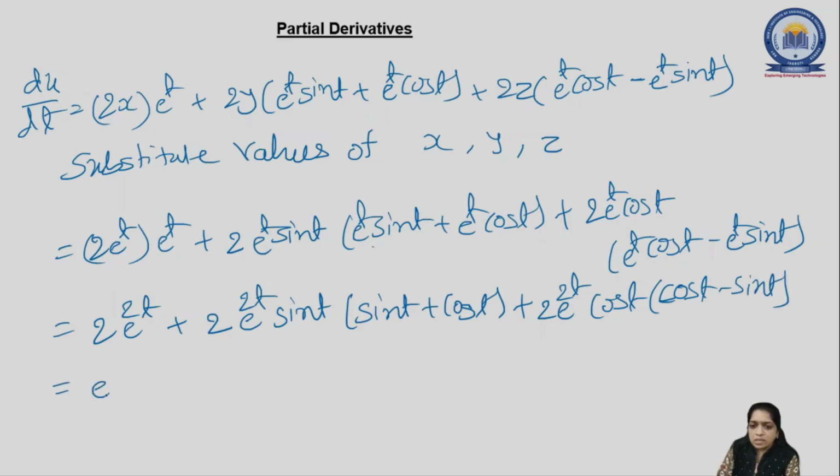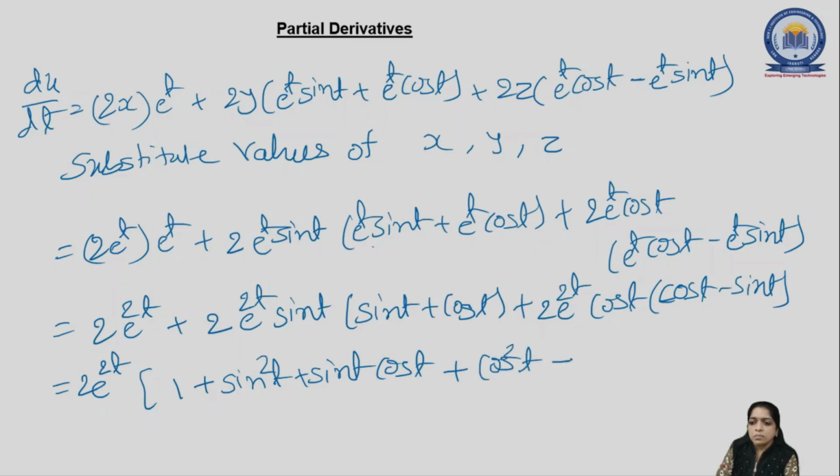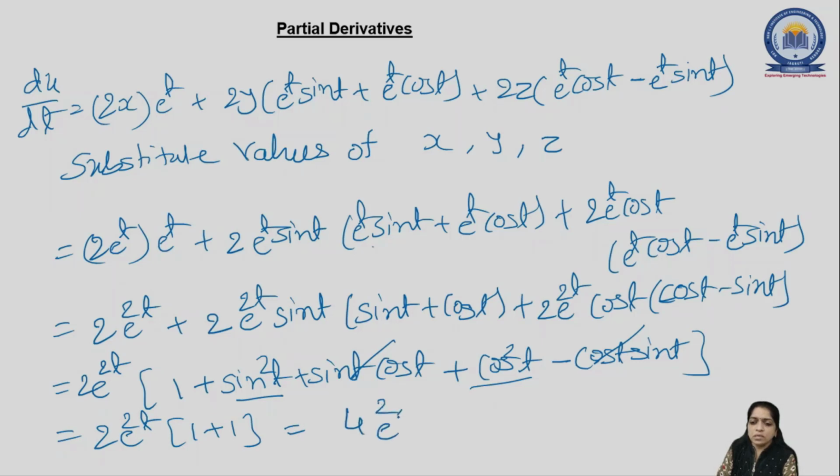So if I take 2 e raised to 2t common, the remaining term is 1 plus, after splitting the brackets, sin square t plus sin t cos t plus cos square t minus cos t sin t. As this term is plus and this one is minus, both will be cancelled out, and sin square t plus cos square t is always 1, so 1 plus 1 is 2. So 2 e raised to 2t into 2, the final answer is 4 e raised to 2t.